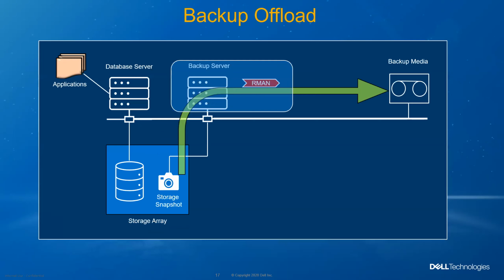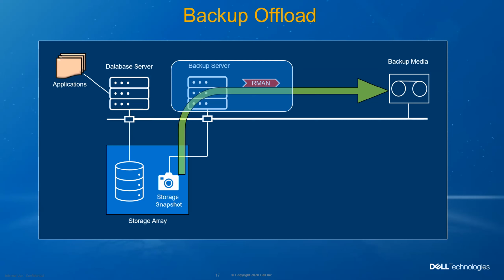Now, this can fairly easily be overcome by what we call offloading the backup. And what this requires is the ability to capture the state of the database at a particular point in time, and that's what we call a storage snapshot, and then present that snapshot to a backup server.